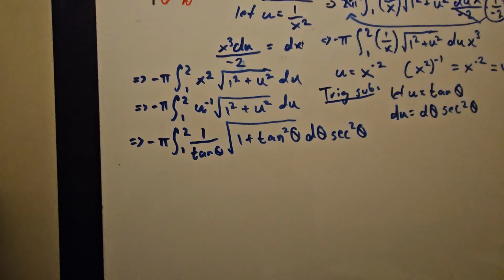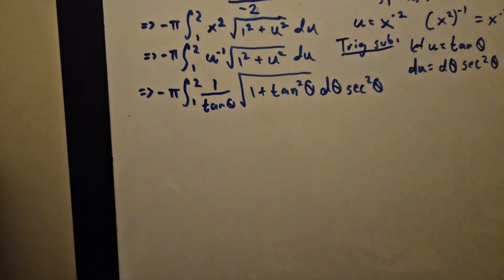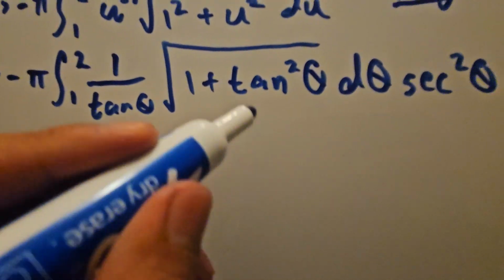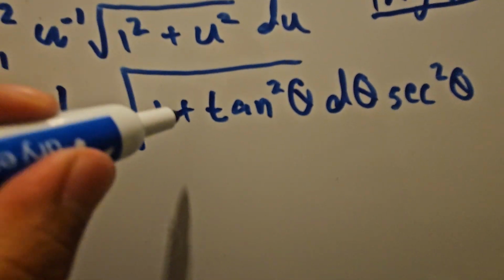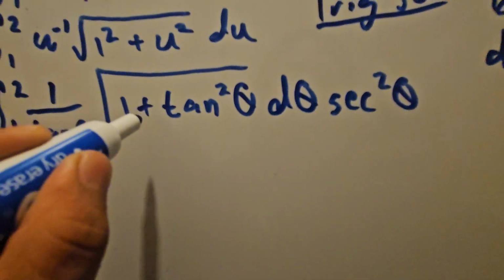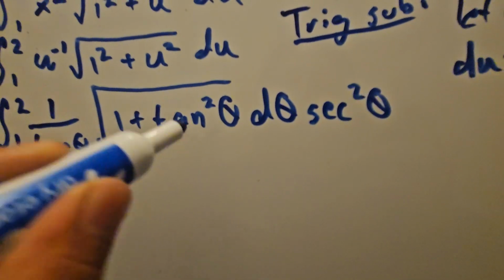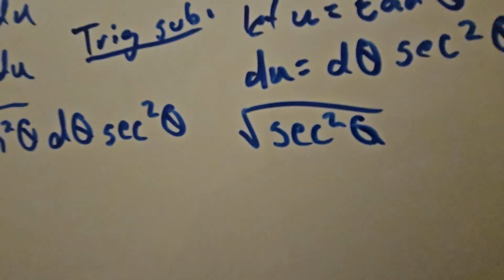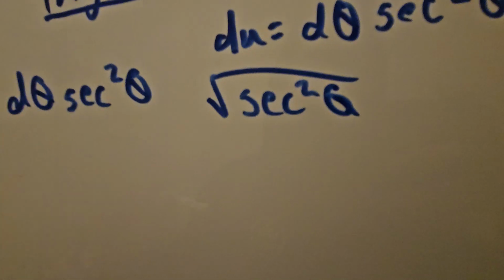Now it's just about evaluating this like a trig sub. So recall, I'm just gonna write this here, the square root of 1 plus tan squared theta. What is that? 1 plus tan squared theta is secant squared theta, right? That is your Pythagorean identities from trigonometry.